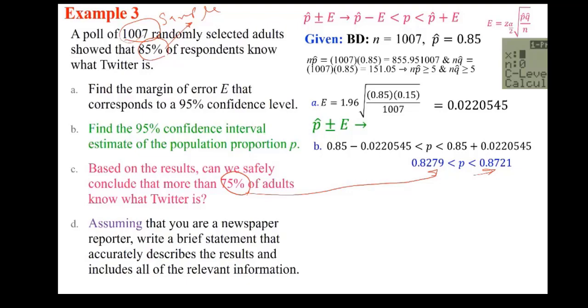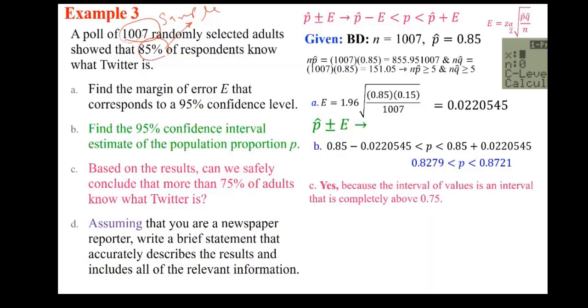But for the sake of argument, if the bottom was, let's say, 0.7, then we couldn't say so. That's important to see why we can claim that. If the interval contains 0.75, we couldn't. This one obviously doesn't contain it. If both of them are less than 0.75, that means less than 75% of adults know what Twitter is. Since both of them are larger, they know that.